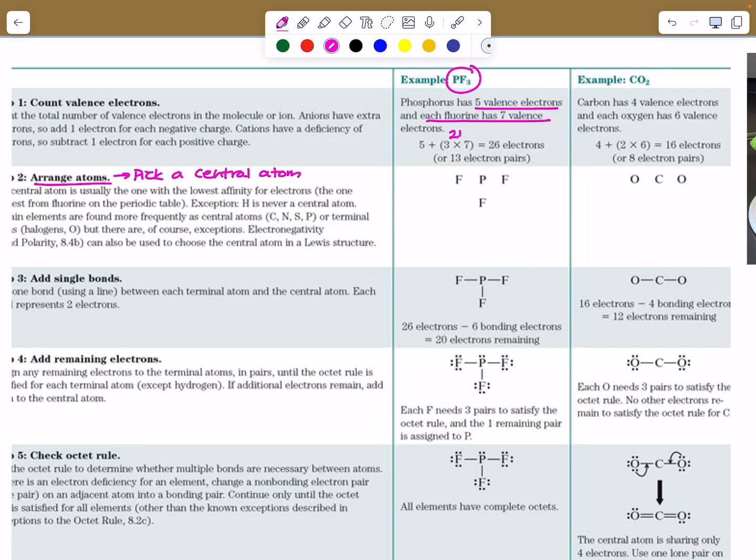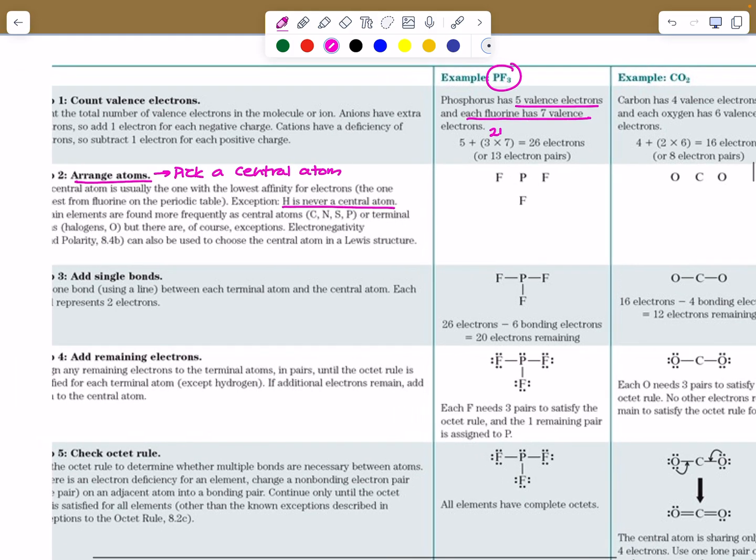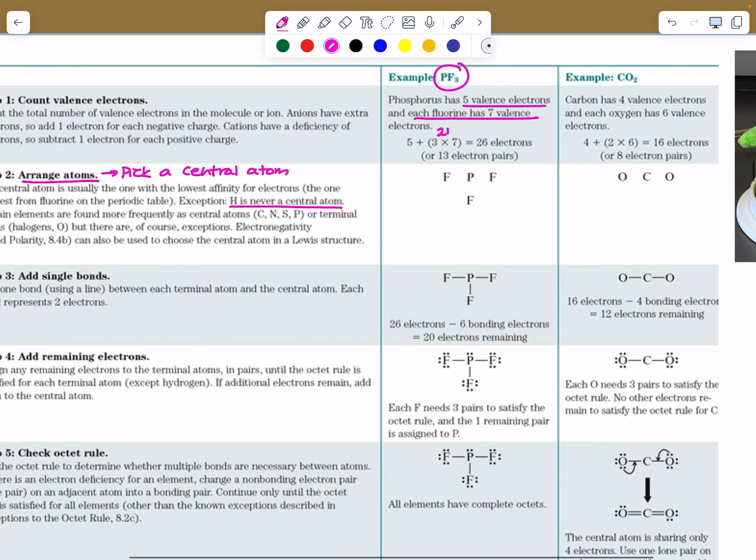The one that is farthest from fluorine is going to be the central atom. The other thing is, hydrogen is never a central atom. So we want farthest from fluorine, and not hydrogen. That's what's going to be your central atom.